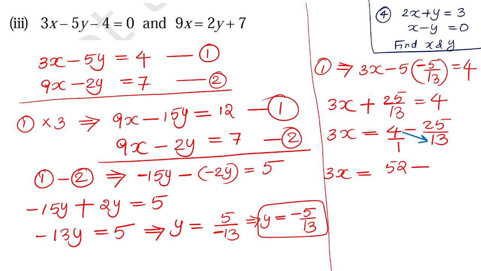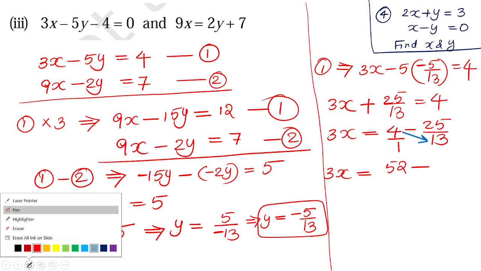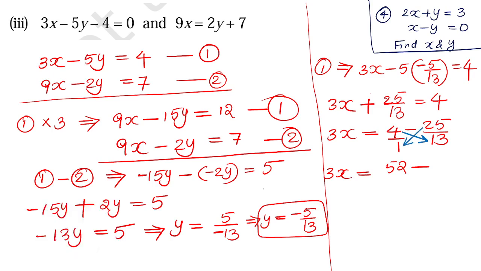Then after that, again cross multiplication. 25 into 1, 25, by 1 into 13, denominator 13. So 3x equal to, what is this? 27, correct? By 13.